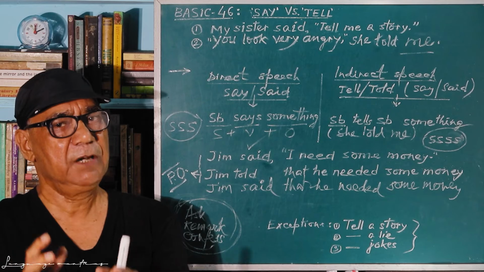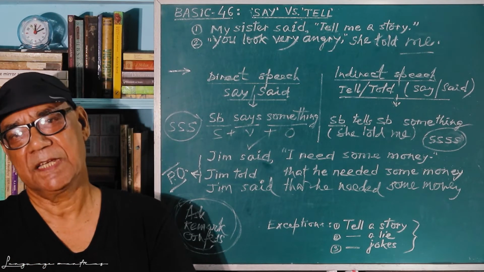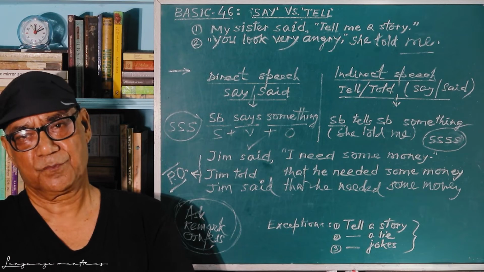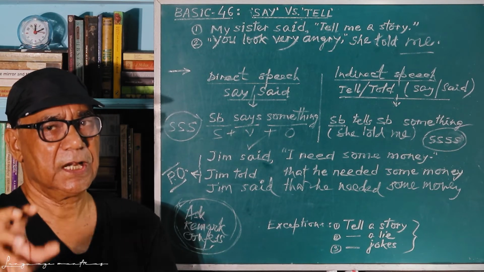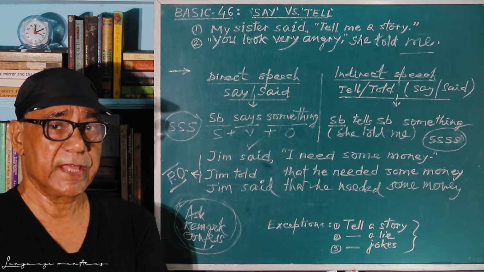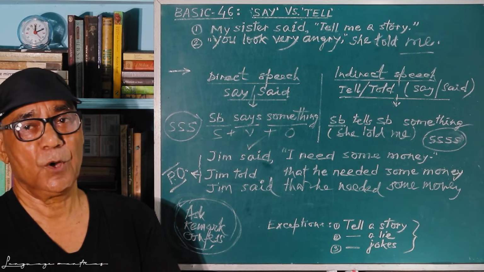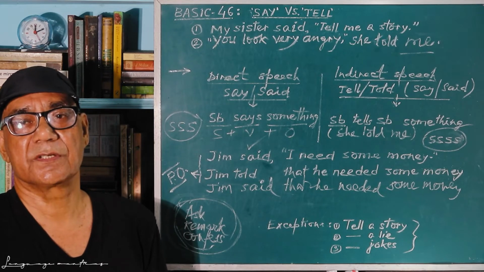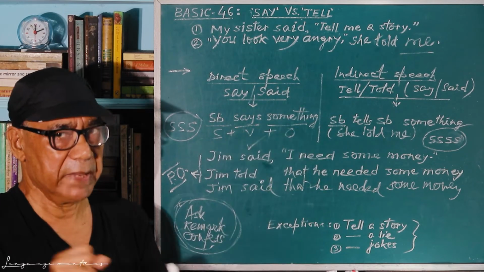So always tell verb requires an additional item, that is a person spoken to. This is special about this verb. Tell verb cannot go without a personal object, whereas say verb always can do this. This is the difference. So I think you have understood what I mean.